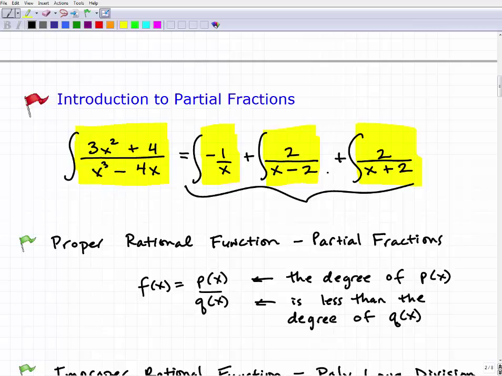It's much quicker, much more effective. So the main reason we're learning partial fractions is to be able to decompose, break down into its parts, a particular rational expression into a sum of smaller ones. So therefore, we can do things like integrate across them. Okay, so that's why we're doing this.